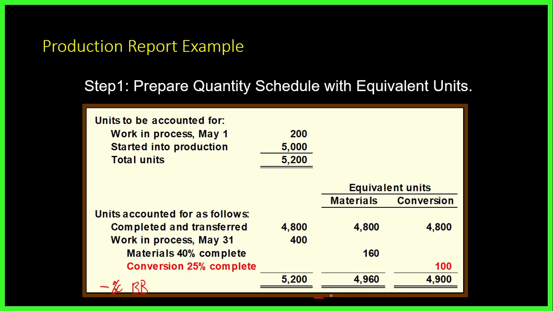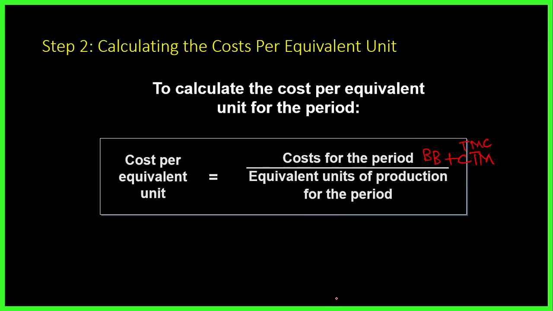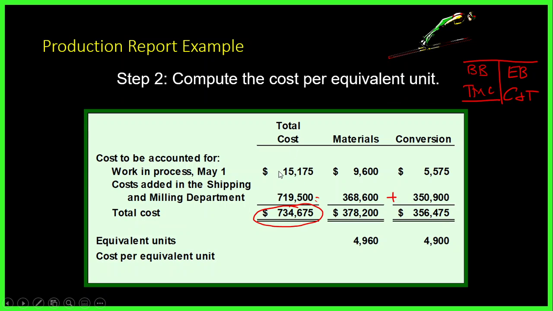Anyway, now that you have your equivalent units, the next thing that you will do is you come up with the cost per equivalent units, and this is your basic formula. Anyway, this is just a review, so let's try to apply this formula. You have the cost of your beginning inventory, and then you also have the cost for this month.